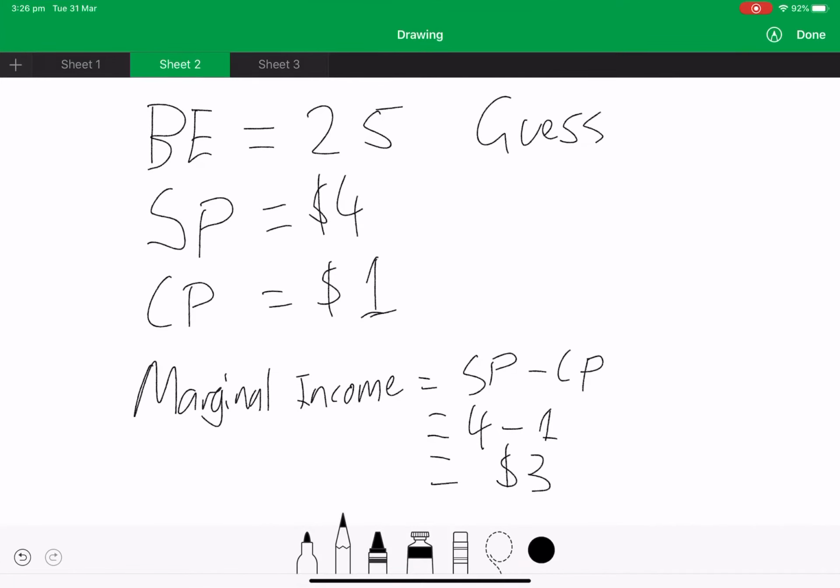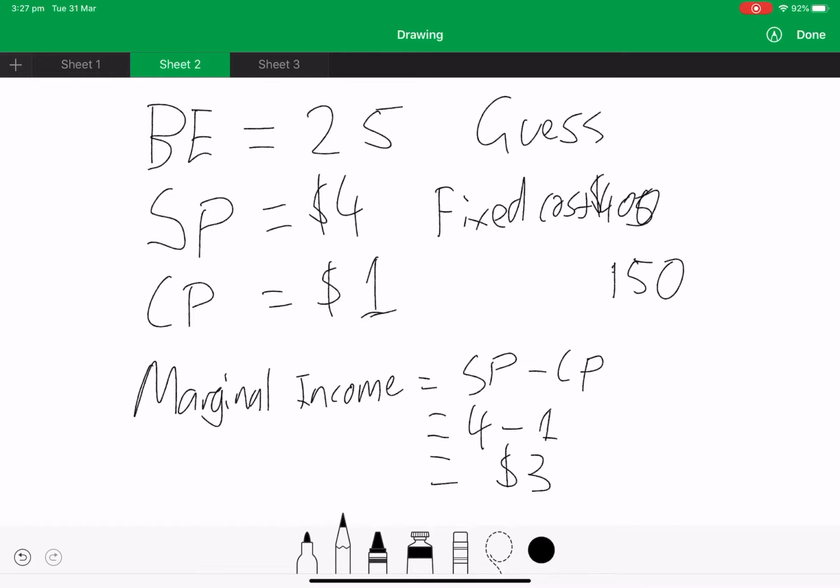I'm going to assume my fixed cost are, we'll use the $400 figure again. So fixed cost of $400. My marginal income is $3. I'm going to say to make between $100 and $500, I need to sell at least, let's say, 150.